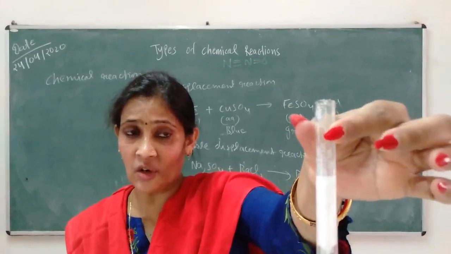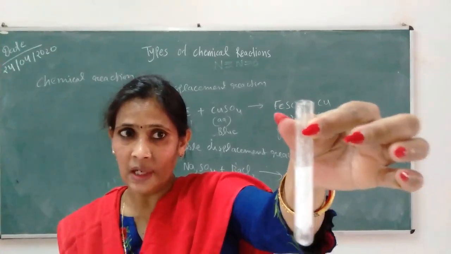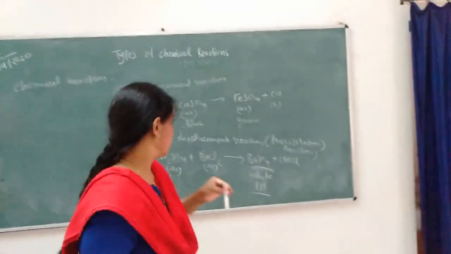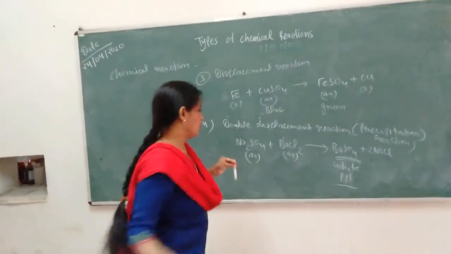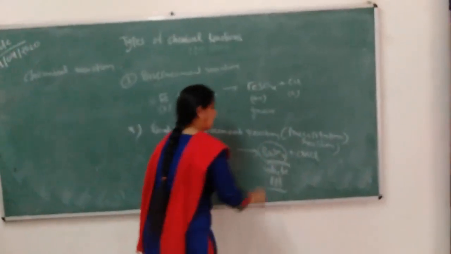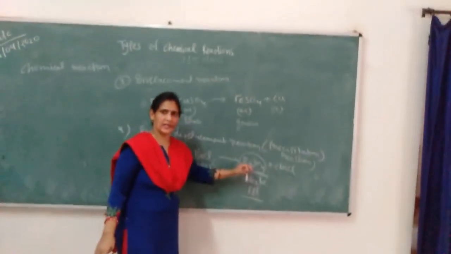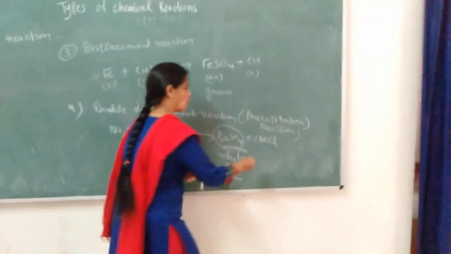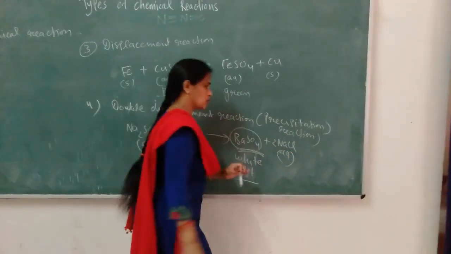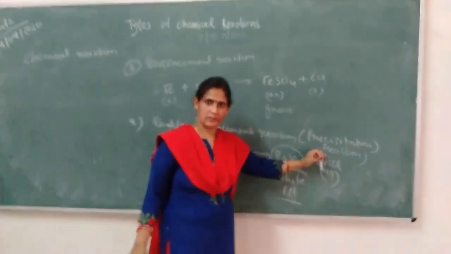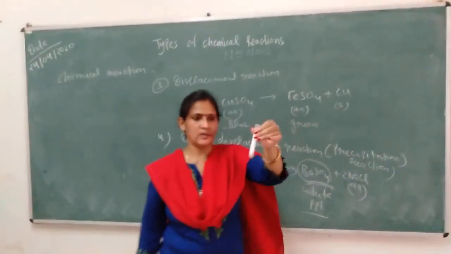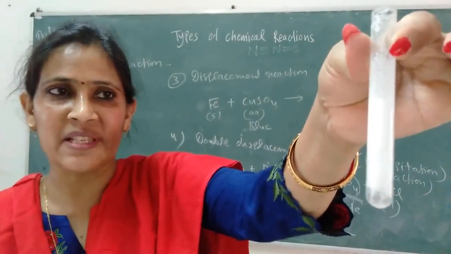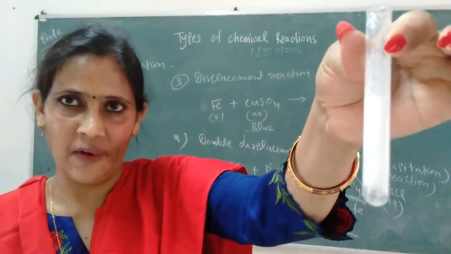This white insoluble substance is known as a precipitate, and it is barium sulfate. Since barium sulfate is water insoluble and sodium chloride is water soluble, the sodium chloride is not observed in this test tube. You observe mainly the white precipitate of barium sulfate.